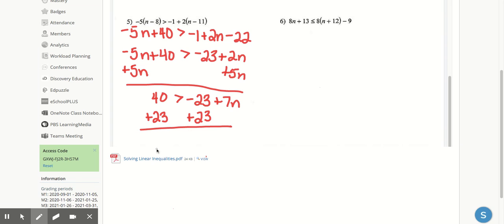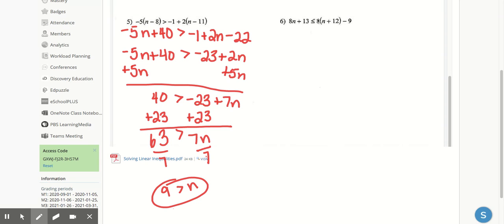And so then when I do that, I'm going to end up with a 63 on the left is greater than 7n. And then I'm going to take 63 and divide it by 7. And so that's going to give me 9 is greater than n.